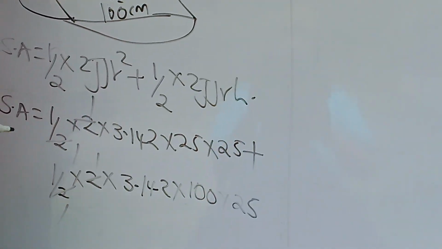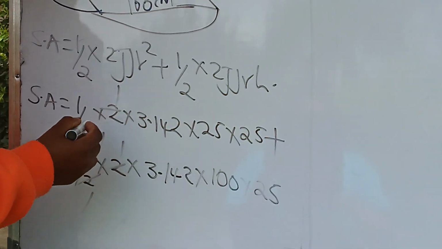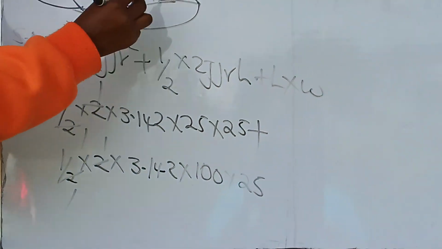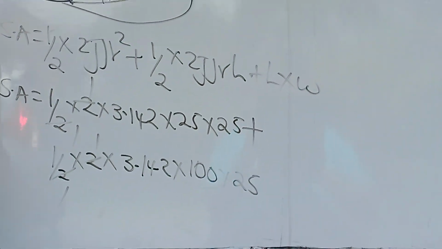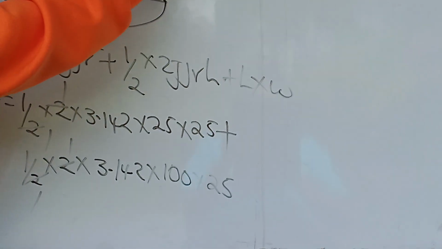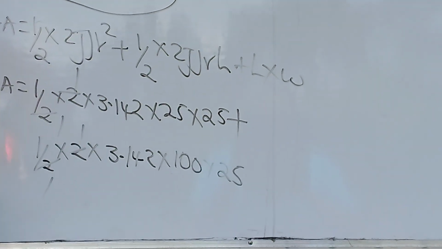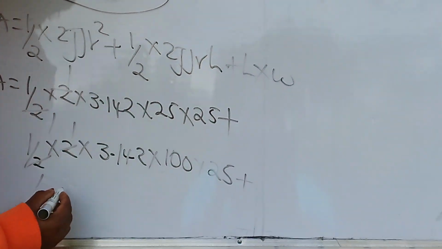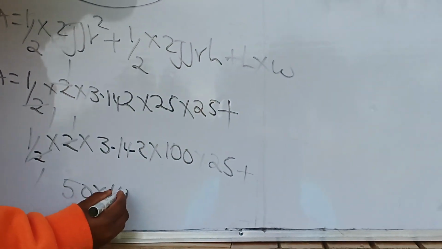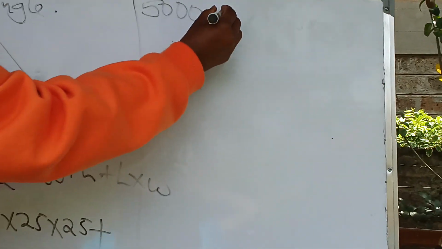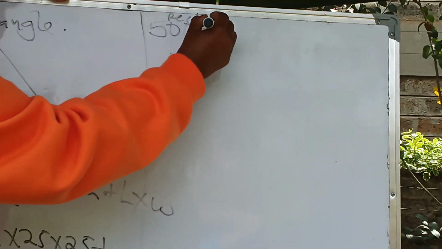And then you remember plus length times width, because it is a closed half cylinder. So we have a rectangle here. This rectangle you have to add since it's a log and that shape has been formed there. So we are also going to say plus 50 times 100. So we are going to get 5,000 for the rectangle.